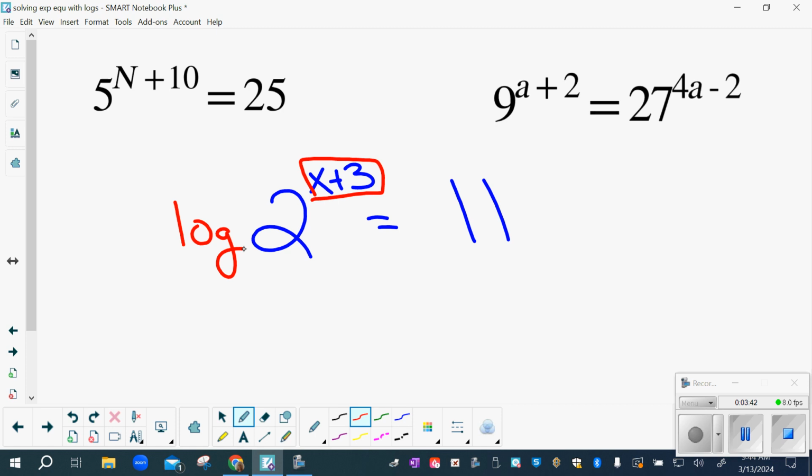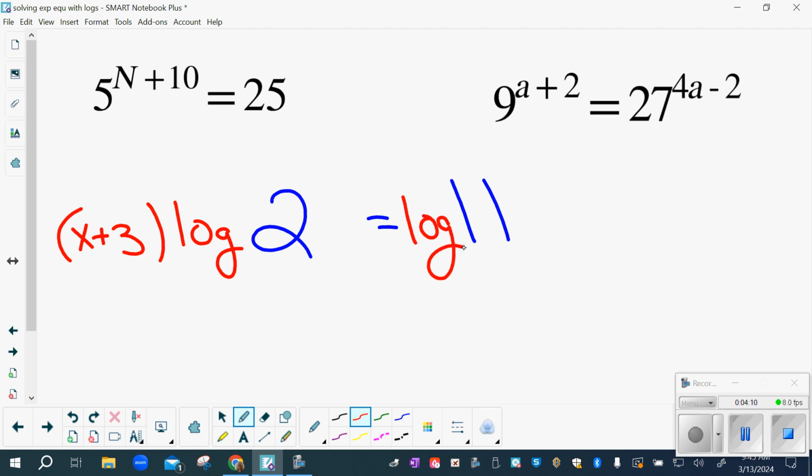LOG. Because when you take the log of something, Henrik, it allows you to take this stuff and move it down here. Do you guys remember that? But here's what. I can't just randomly put LOG in somewhere. What I do to one side, I have to do to the other side.